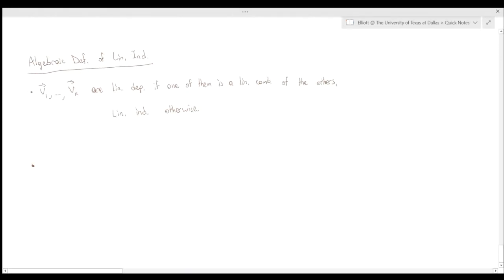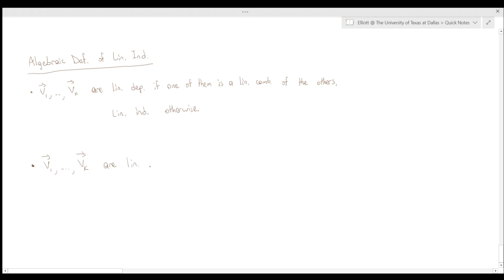The other definition is usually easier to apply in problems. If you had to remember only one definition of independence, I would probably remember this one instead.